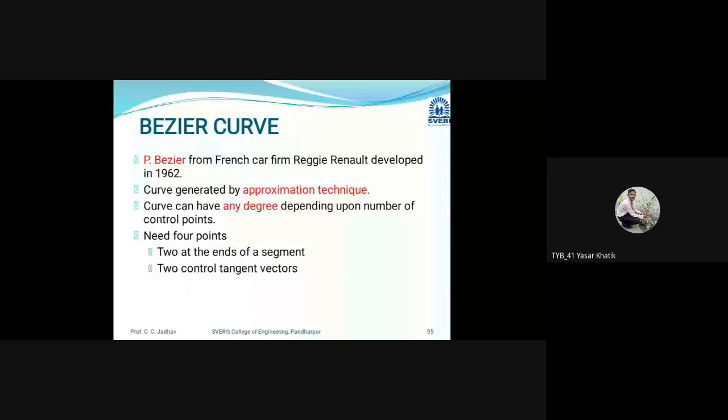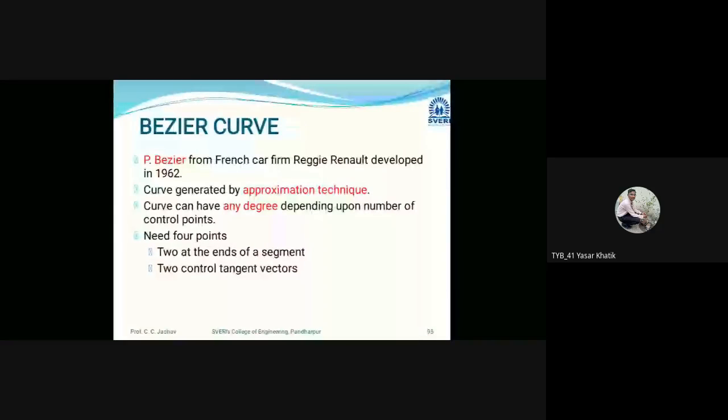We use some approximation techniques in this Bezier curve to make a smooth curve that should not pass through all the data points, and is influenced by the control points. The order of the curve is dependent on the number of control points. Whatever the control points are, the order is dependent on those control points only.